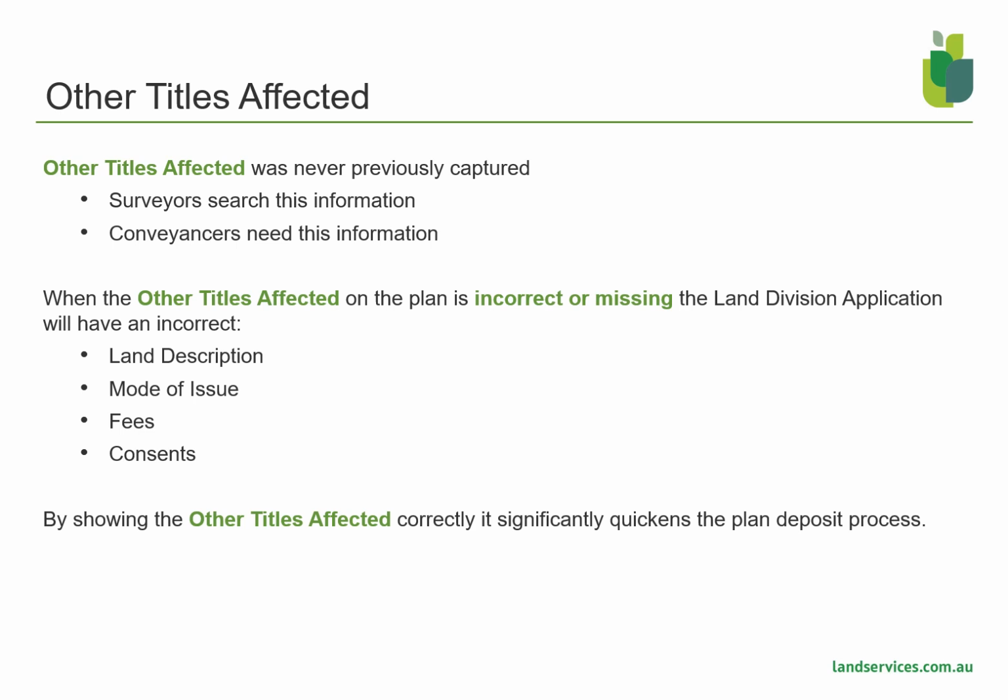It is therefore essential to show the correct information in other titles affected, and by showing the correct information, it can significantly improve the plan deposit process by avoiding unnecessary delays, requisitions, and costs.